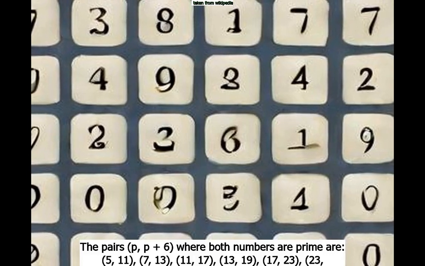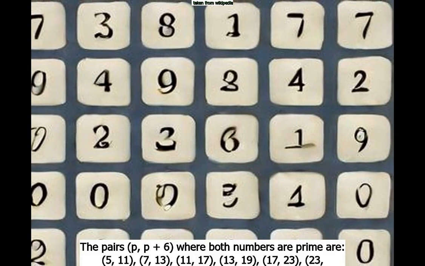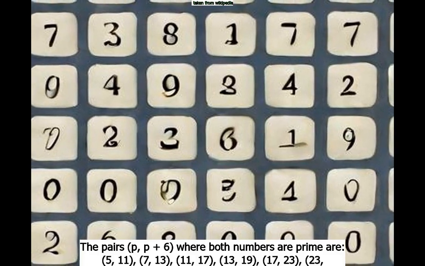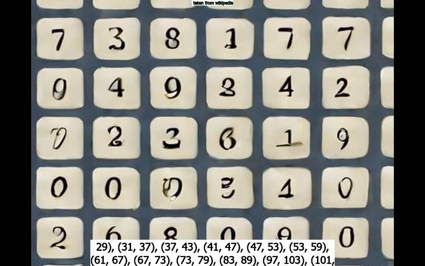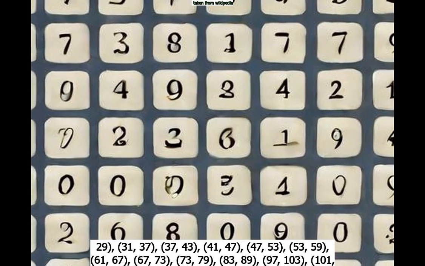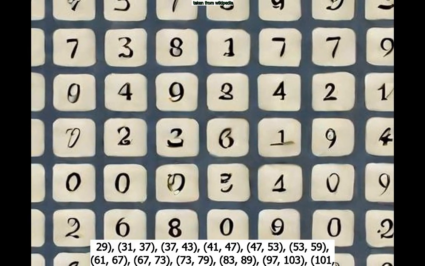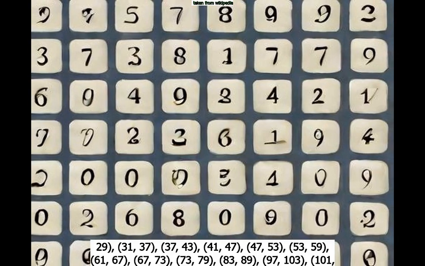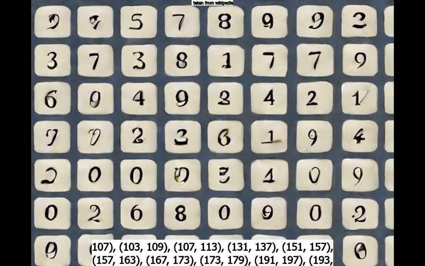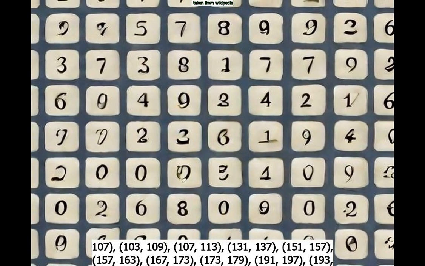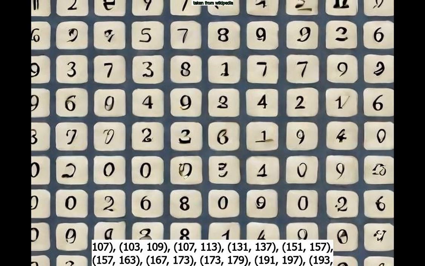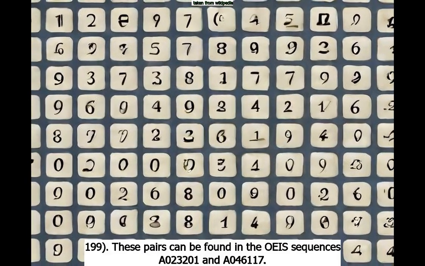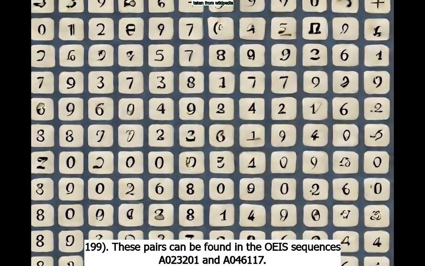The pairs p, p plus 6, where both numbers are prime, are 5, 11; 7, 13; 11, 17; 13, 19; 17, 23; 23, 29; 31, 37; 37, 43; 41, 47; 47, 53; 53, 59; 61, 67; 67, 73; 73, 79; 83, 89; 97, 103; 101, 107; 103, 109; 107, 113; 131, 137; 151, 157; 157, 163; 167, 173; 173, 179; 191, 197; 193, 199.